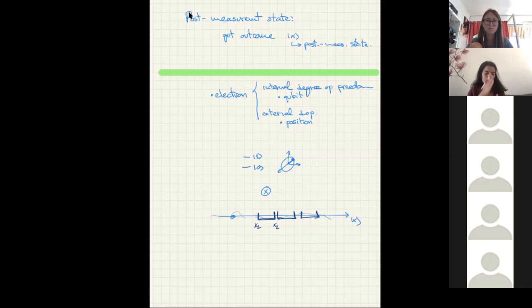So it's not like we go and measure in every single possible position, but we just have a coarse-grained thing that detects in some way. We'll see later what ways it detects if it's in this interval or that interval or that interval. So it's not just a measurement with respect to a basis, it's a bit more coarse-grained.